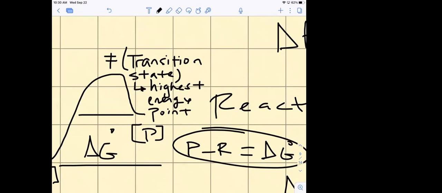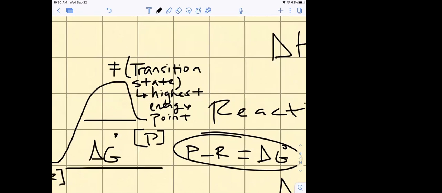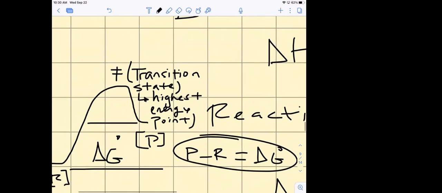All right, that's your highest energy point. And the transition state is exactly what it says. The transition is happening. So the reactants are being converted into the products, and bonds are being broken and bonds are being formed. So you've got partially broken and partially formed bonds in the transition state.